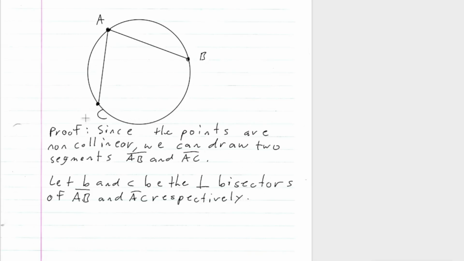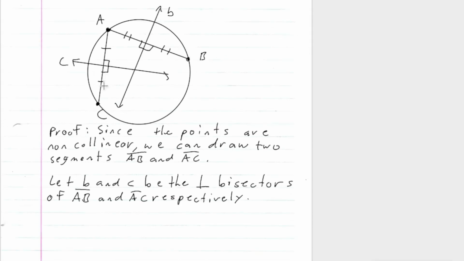All right, so let's go ahead and draw those perpendicular bisectors. So I'll do the best I can. All right, so I drew the perpendicular bisectors. So here, right there, and right there. And of course, this is congruent to that. And this will be congruent to this, right?